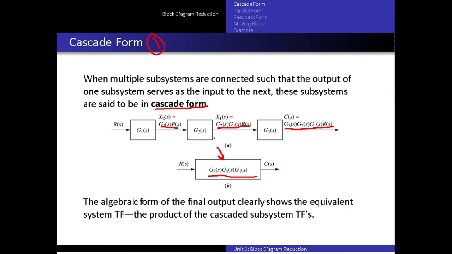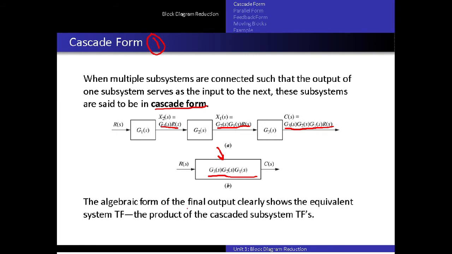When three blocks are in series or in cascade form, we can directly multiply the gains of the blocks and find the reduction. Okay, so this is the simplest form. You just have to multiply these three blocks. Here is the example of how we are getting the term G3 into G2 into G1, but ultimately you don't have to explain this. You can directly convert into G1 into G2 into G3.